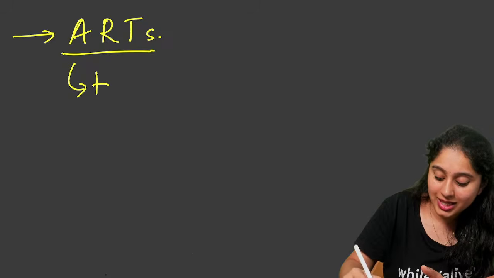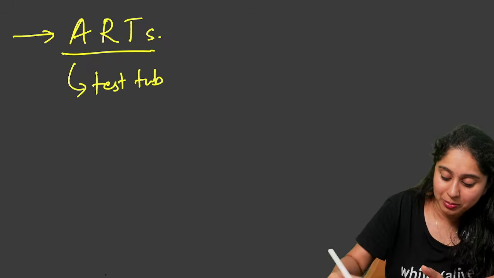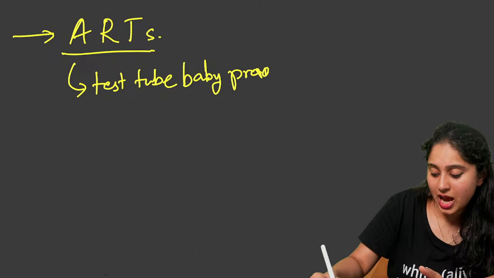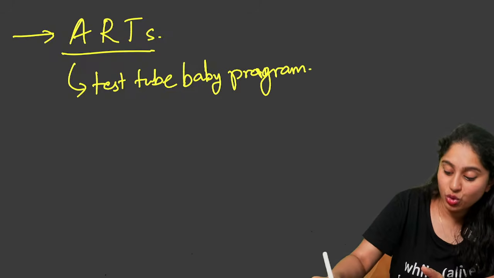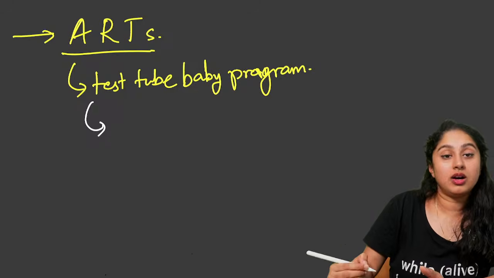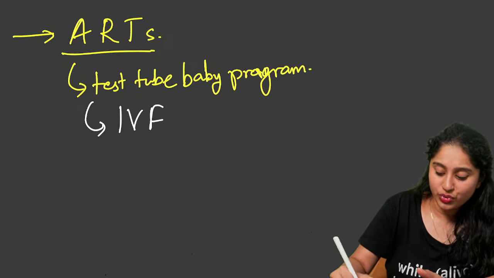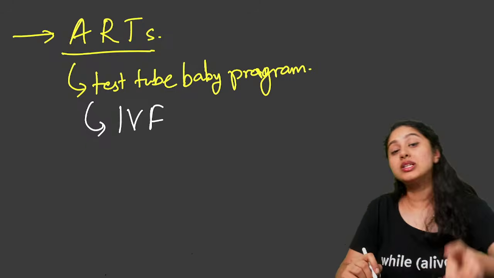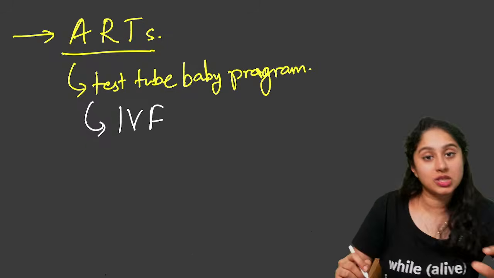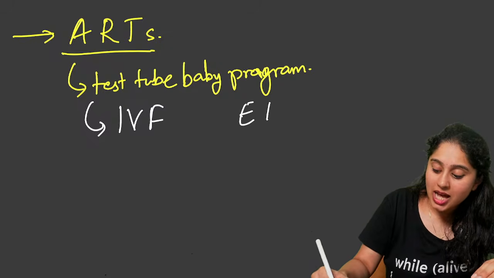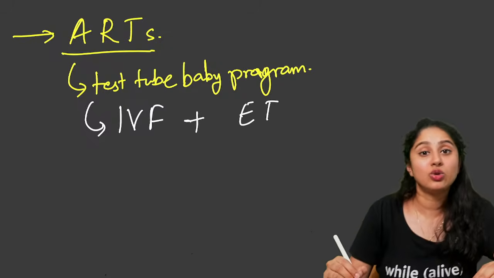So if you see in a test tube baby program, what is the test tube baby program? We are going to fuse the gametes in the lab, which is called in vitro fertilization. So outside the body we're going to fuse the cells, and we're going to do the embryo transfer.